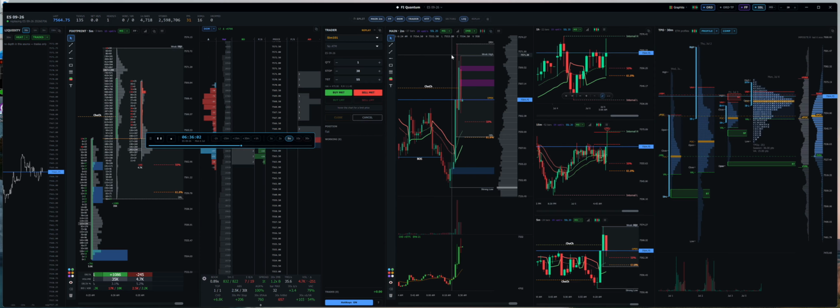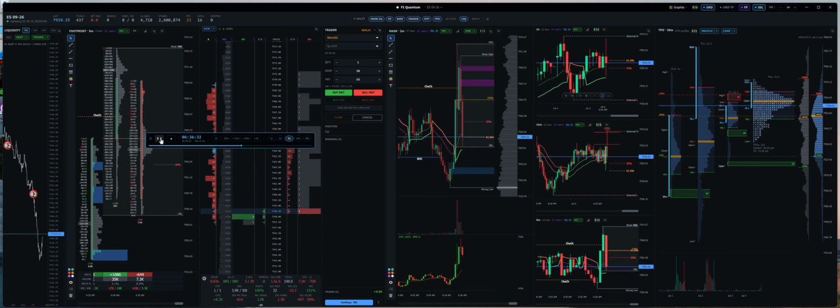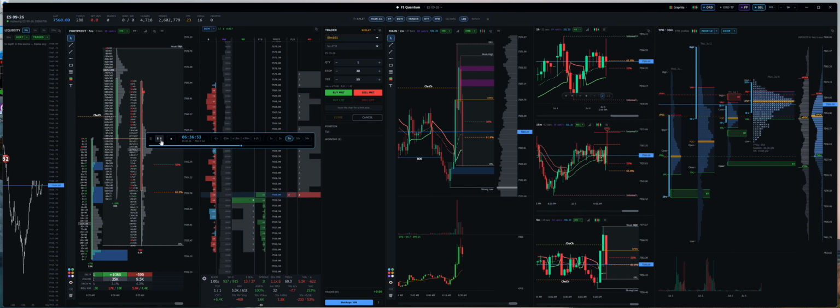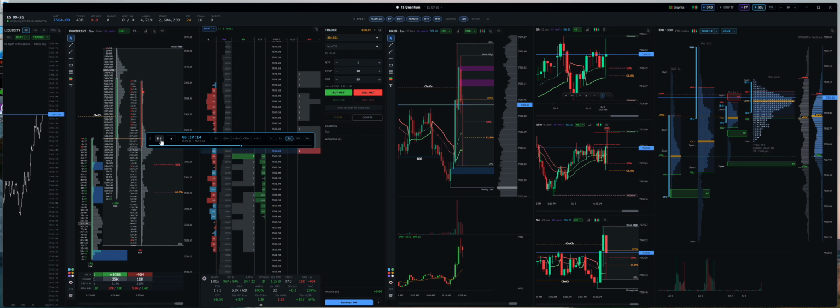Pretty standard market performance here. Cool. So here we go. We get an initial reaction off the imbalance.